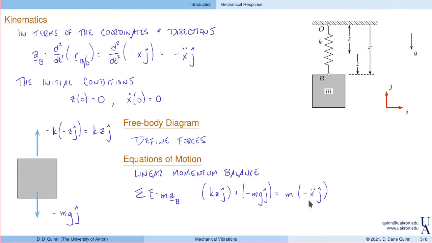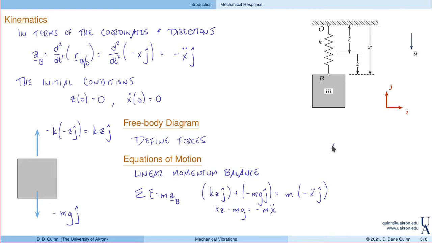So here, taking this in the j direction, we see that k times z minus mg equals minus m x double dot. And notice that we have z and x here in this equation. Because these are related, let's go ahead and eliminate one. Let's choose to write this in terms of x.